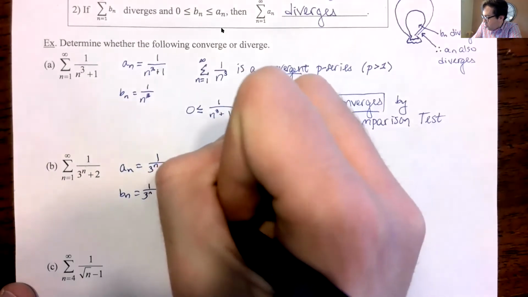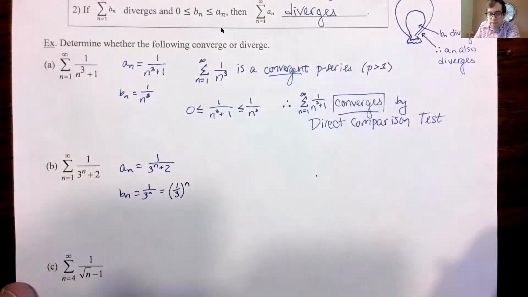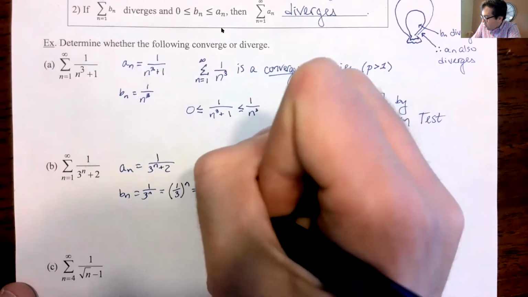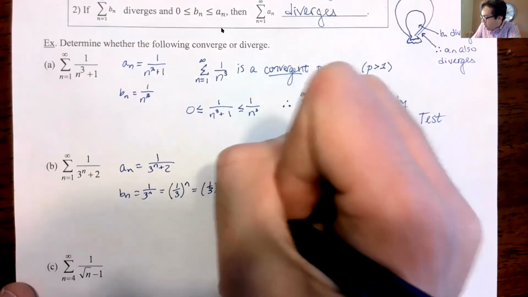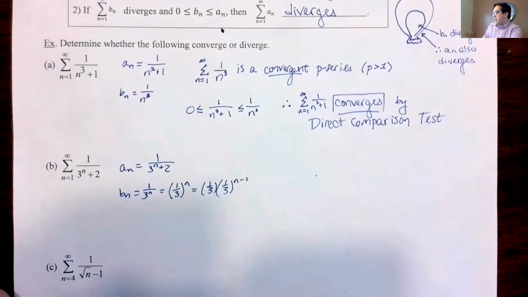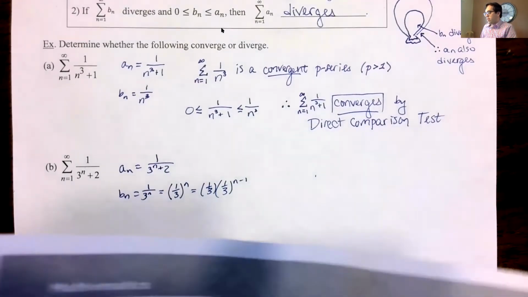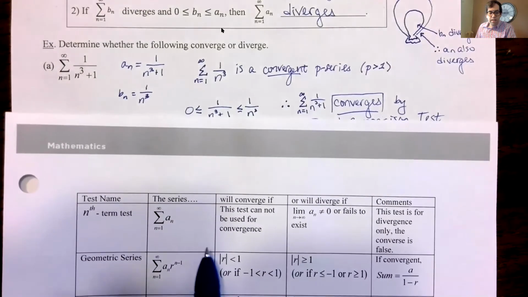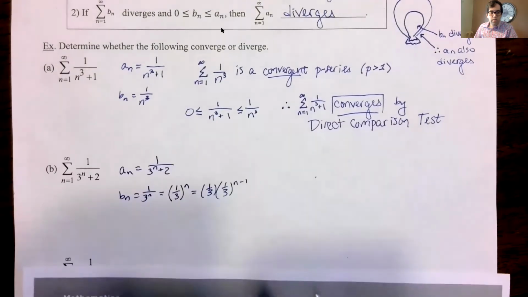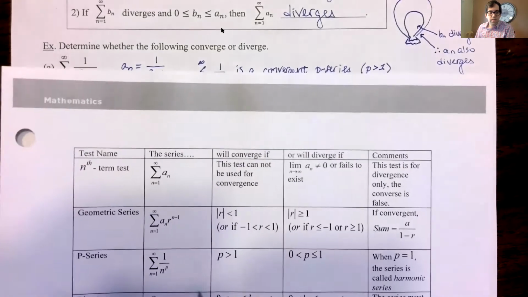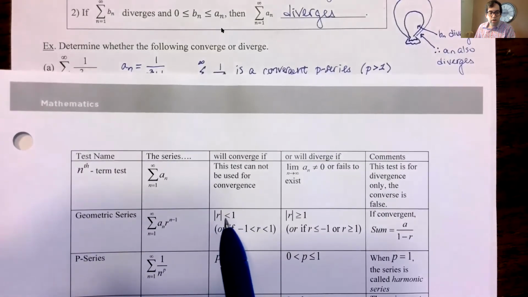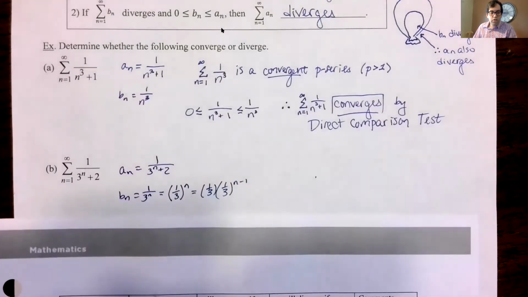So that's the same thing as 1/3 to the n, which is the same thing as 1/3 times 1/3 to the n minus 1. Now that should look like a geometric series, right? If we look back at our chart of tests, if it's a sub n times r to the n minus 1, well, that's what we got now. If the absolute value of r is less than 1, we converge.